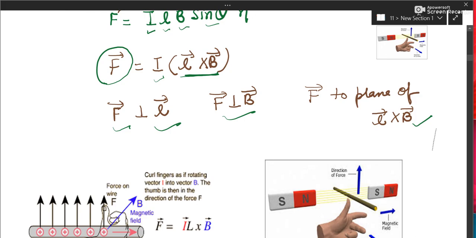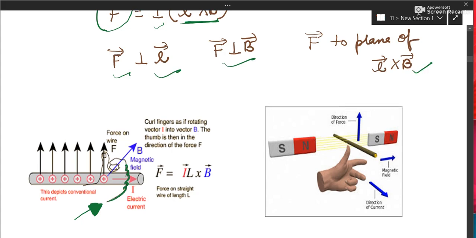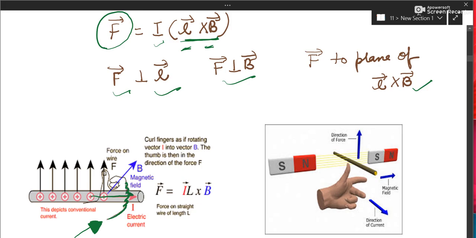Okay. Now the direction of this force, obviously whenever a cross product is there, it can be given by the right hand thumb rule. One is the right hand thumb rule. If curls, you can see here, if you can see properly, the curls are pointing from this L to B. This is length, L to B, I to B you can say, or L to B you can say, then the thumb is giving you the direction of force.